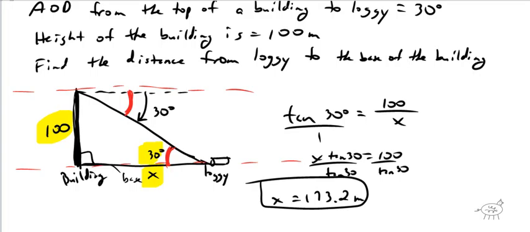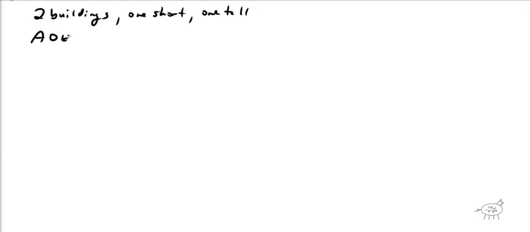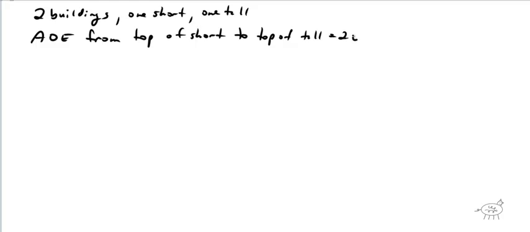All right, and then the second problem that I have here, let's clear this out of here, is basically I have two buildings. One short, one tall. Okay, I'm going to use AOE for angle of elevation. Angle of elevation from the top of the short to the top of the tall is 20 degrees.